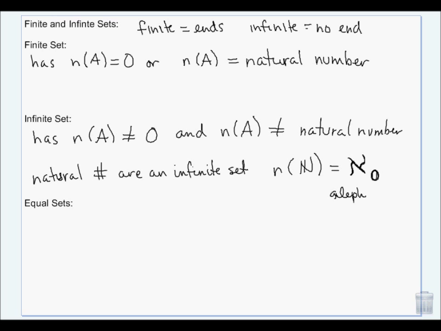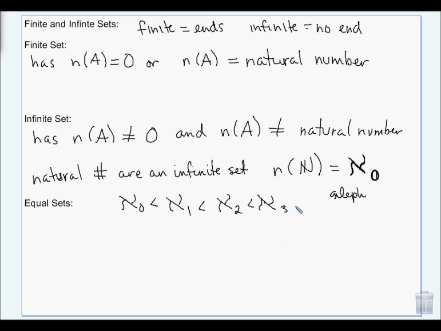So does that make sense, how you can have different sizes of infinity? So this is the symbol for the natural numbers, right? So this infinity is smaller than the whole numbers, which is smaller than the integers, which is smaller than the rational numbers.